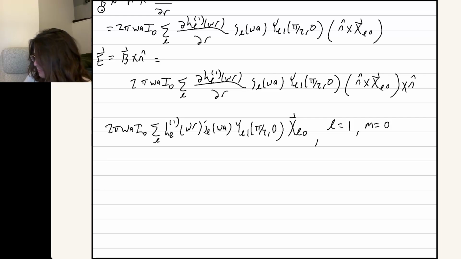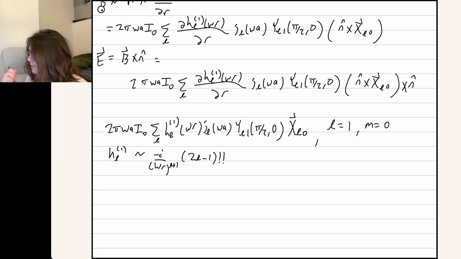In the near zone, you can approximate Hankel functions as being on the order of minus i over (ωr)^(l+1) times (2l−1) double factorial. For us, we just need the lowest order thing, so that's going to be approximately minus i over (ωr)², and then 2 minus 1 is 1, so we'll leave it like that.